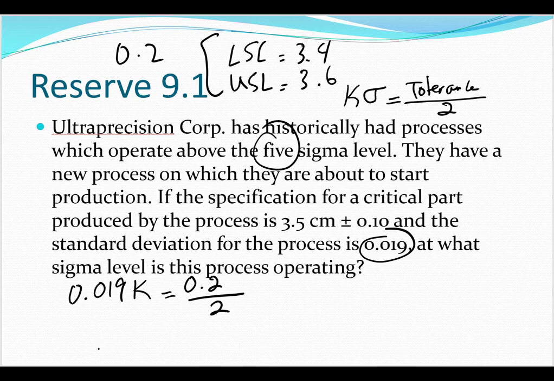And so solving for K, we get 5.26. So historically, they've been operating at 5 sigma level, and now they're operating above 5 sigma, and so the process is fine, and there is no room for concern if 5 sigma level is acceptable for them.